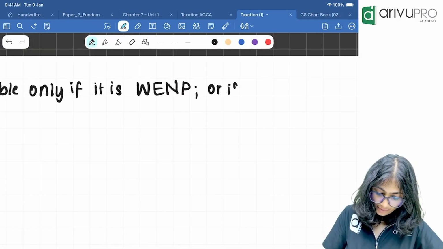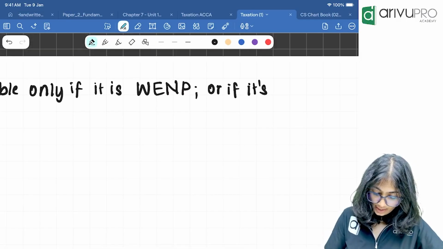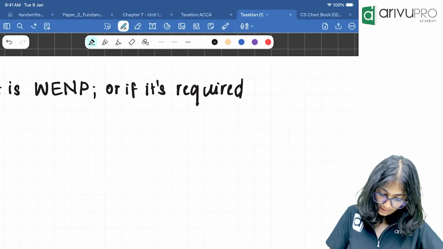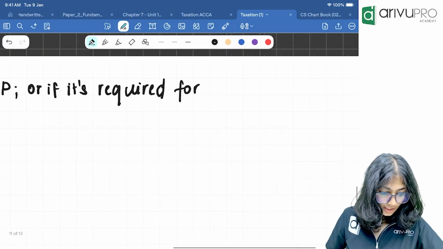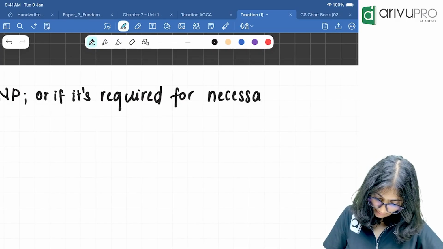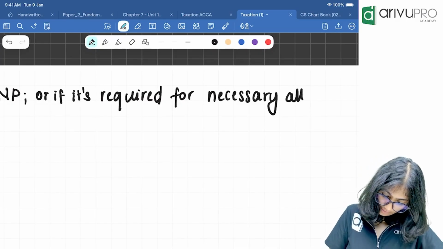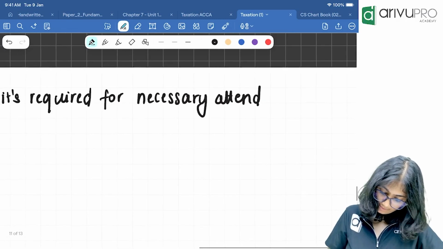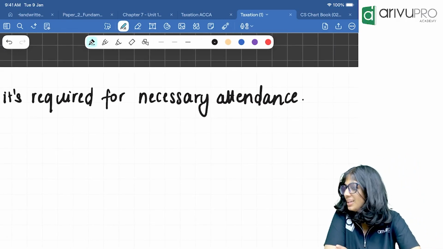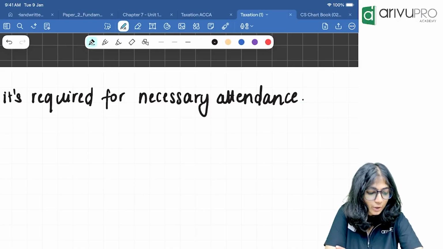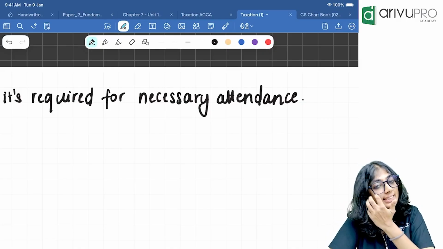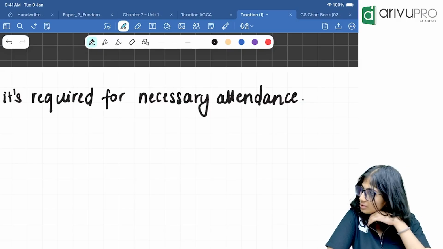or if it's required for necessary attendance. What does that mean? For example, you are in a useless meeting. You just got called to a useless meeting, but your attendance there is necessary. So you have to go there.